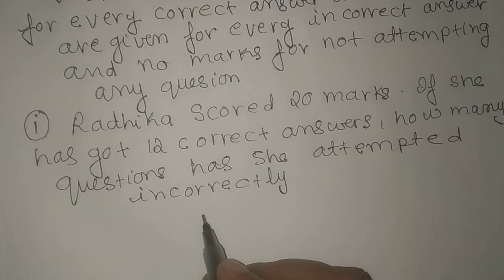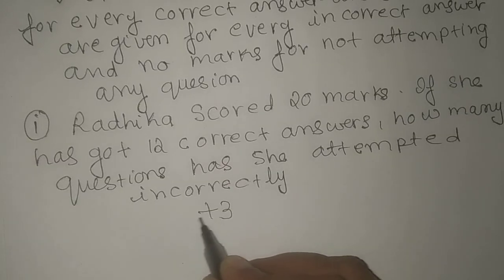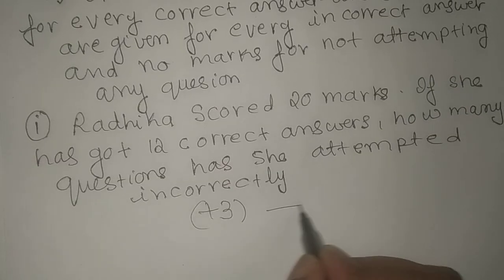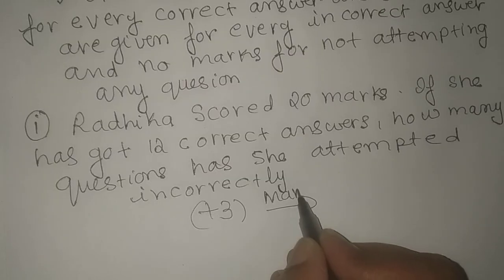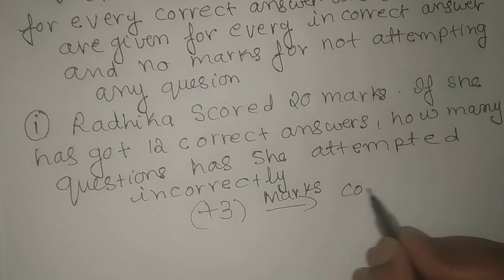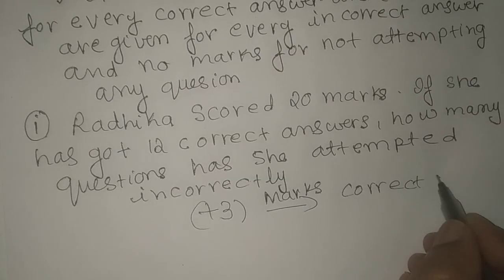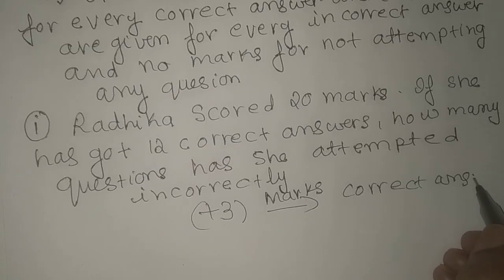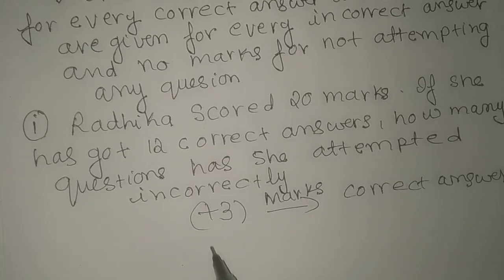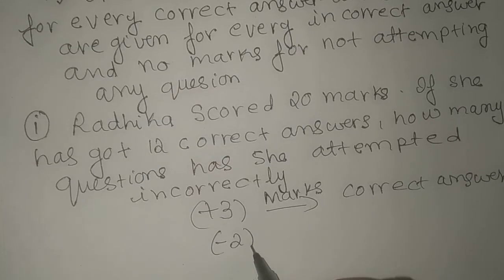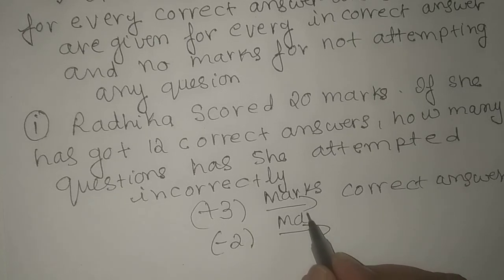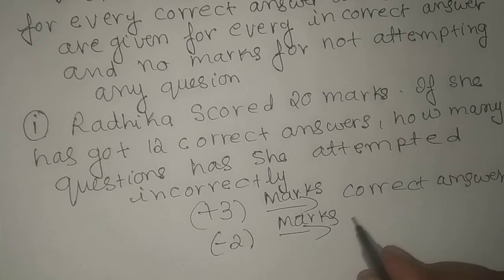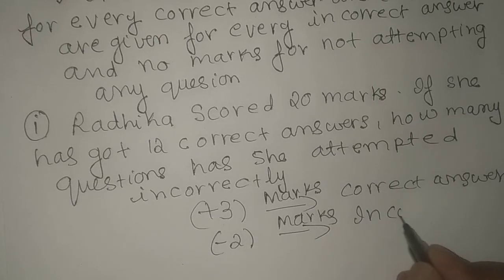So we'll see the given data, that is plus 3 in the given test. Plus 3 marks is awarded for a correct answer, and minus 2 marks are awarded for an incorrect answer.